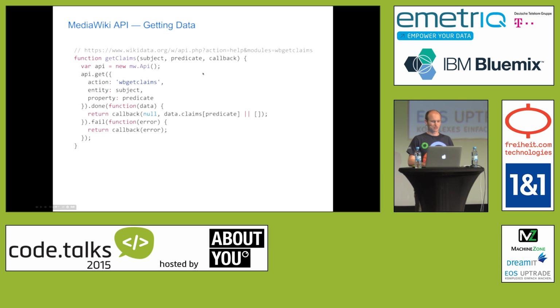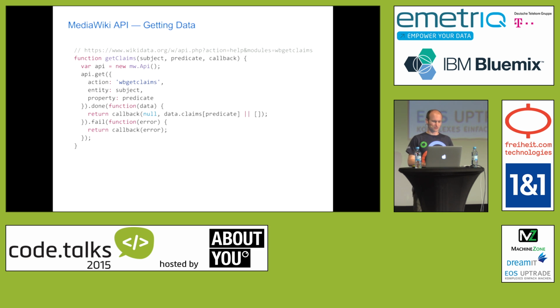The entity should be the subject, the property should be the predicate, and it looks somewhat promise-like. When it's done, you get the data, so you can return it in a callback or whatever, and do stuff with it. And if something goes wrong, you obviously have the callback error. So as I said, for the getting functions, you don't need authentication.